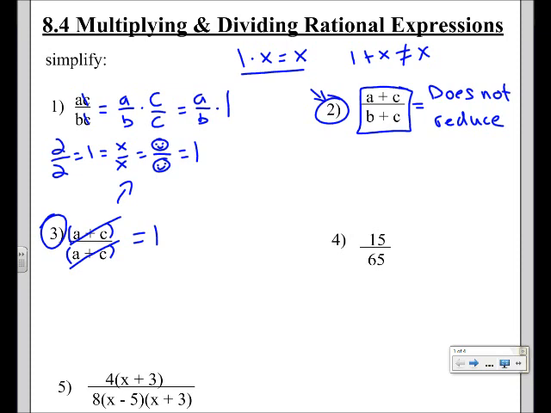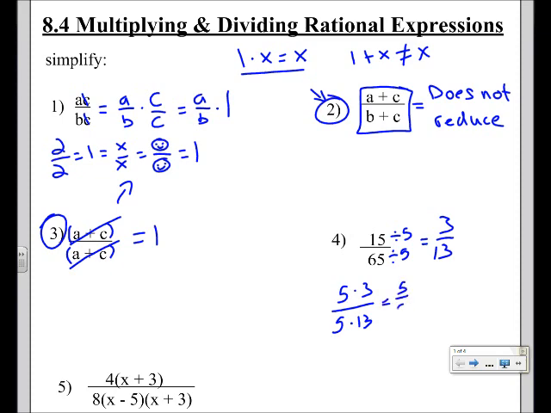Okay, we look down here now at number 4. We have 15 over 65. There's a couple of different ways to look at this. One is just saying that we can reduce this. We can divide both the top and the bottom by 5. Sure we can. We will get 3 over, well, let's take a quick look at why it works. If we've got 15 over 65, we can break that up into 5 times 3 over 5 times 13.